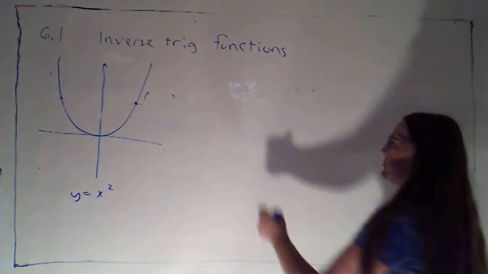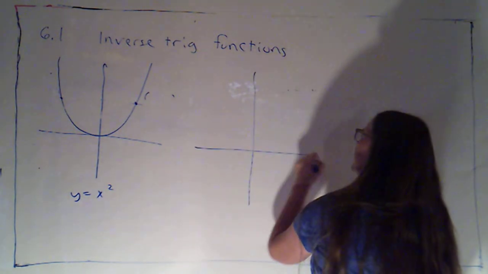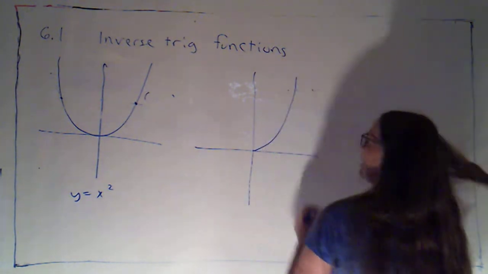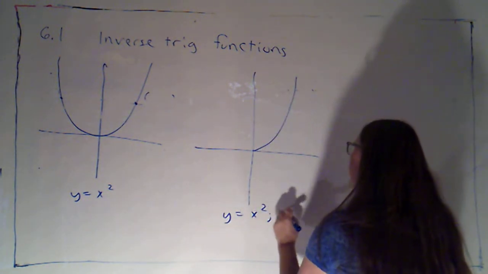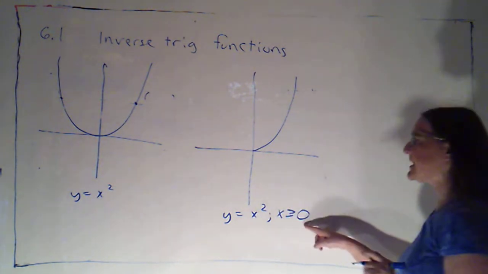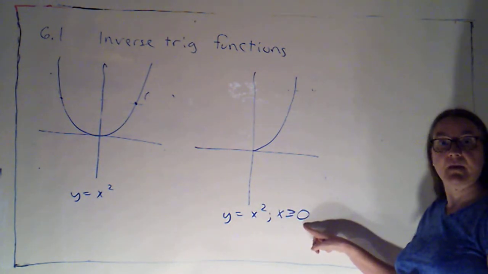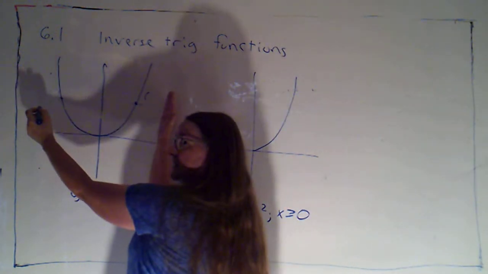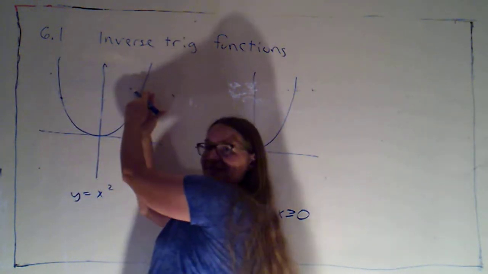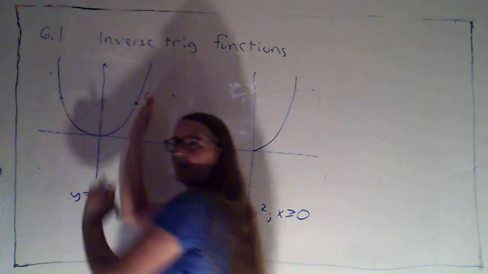What I'm going to do is work with just part of that graph. I'm going to say, what if I look at y equals x squared, but I restrict the domain to make x bigger than or equal to 0? Because I can see the reason it fails the horizontal line test is because every time I intersect the graph on the right, I have a mirror image point on the left.